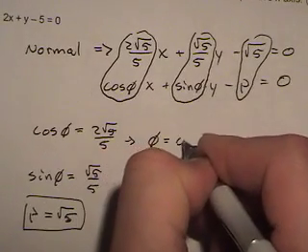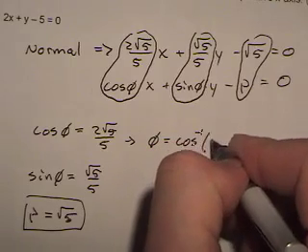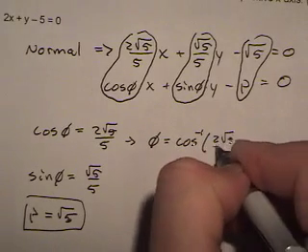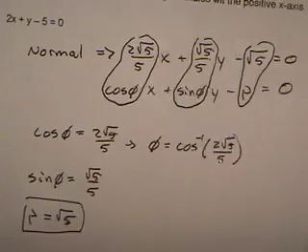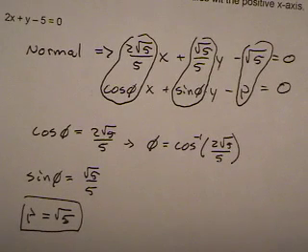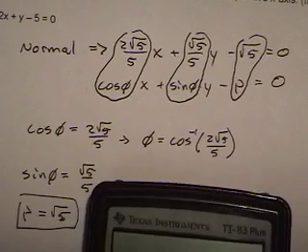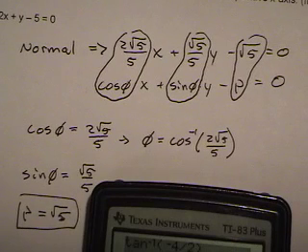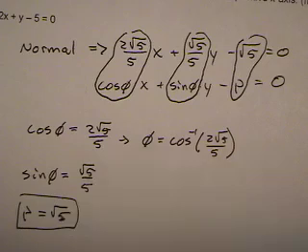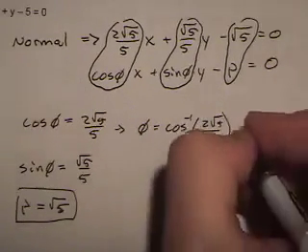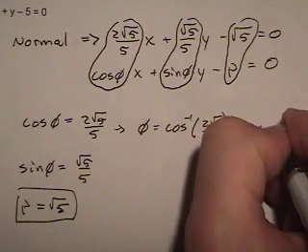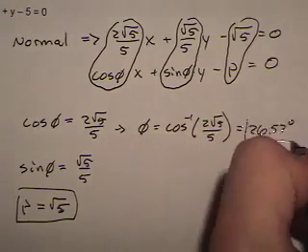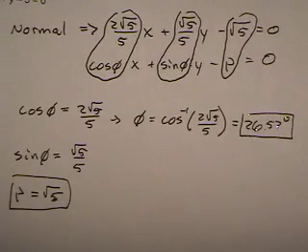Phi equals inverse cosine of 2 rad 5 over 5. Now we go in the calculator. I do inverse cosine of 2 rad 5 divided by 5. I get 26.57 degrees. And that's my phi. So that's how I got p and that's how I got phi.